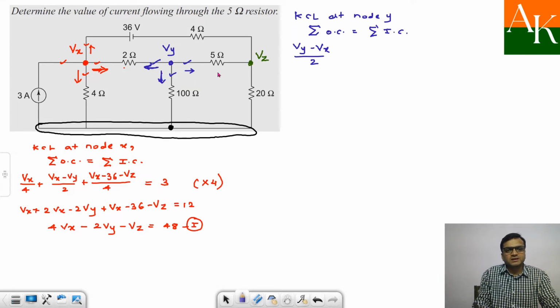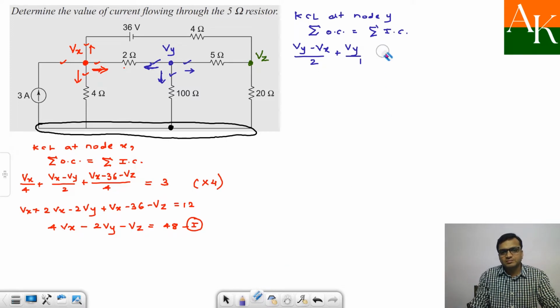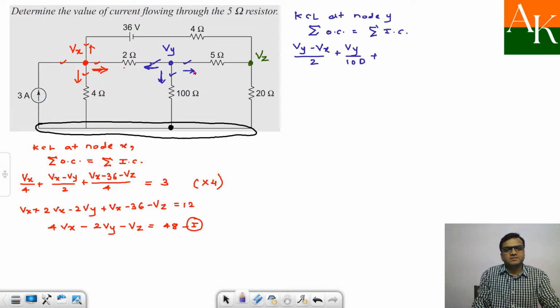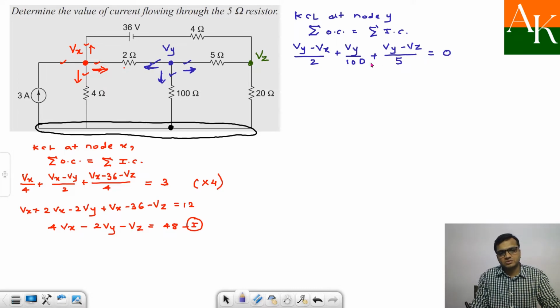The downward current can be written as (Vy minus 0) divided by 100, plus the rightward current, which you can write as (Vy minus Vz) divided by 5, and no incoming current, so is equal to 0.